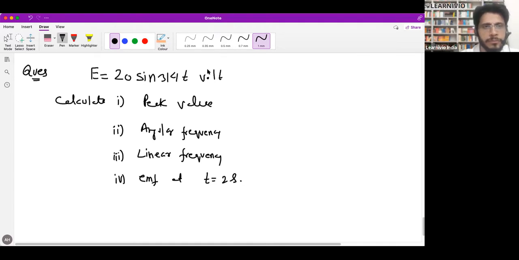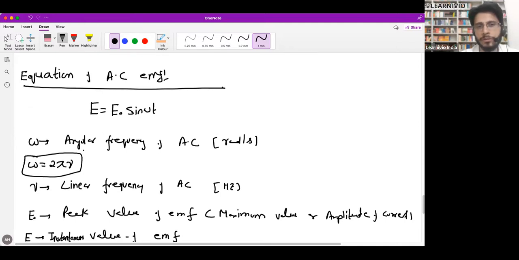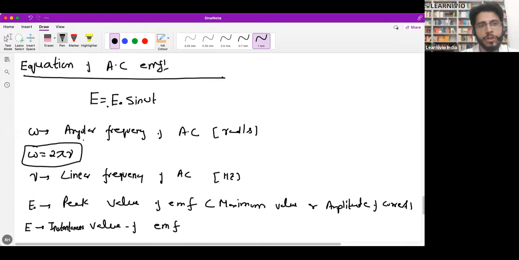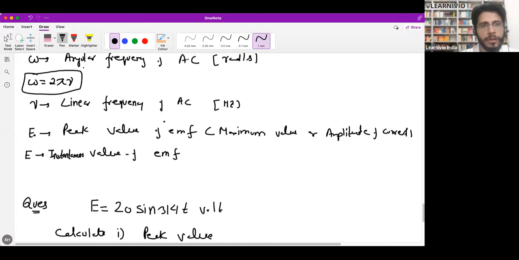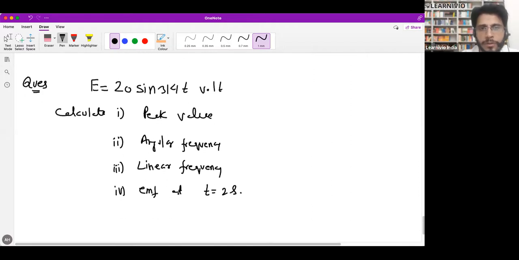Good. First is correct. This is a straightforward thing. Just compare it with this equation, E naught sine omega t, and 20 sine 314t. Instead of E naught, you are using something. Instead of omega, you are using something. Just keep writing the values.